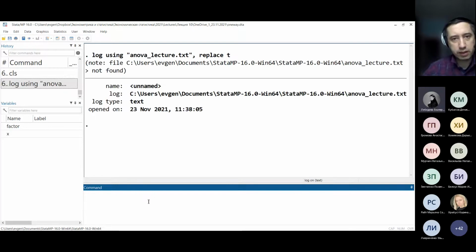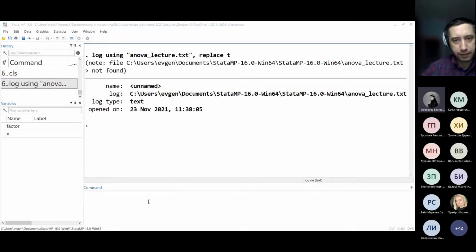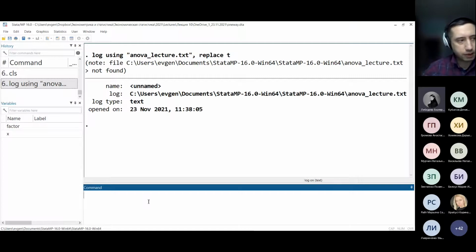Please start writing the log file. That's important.